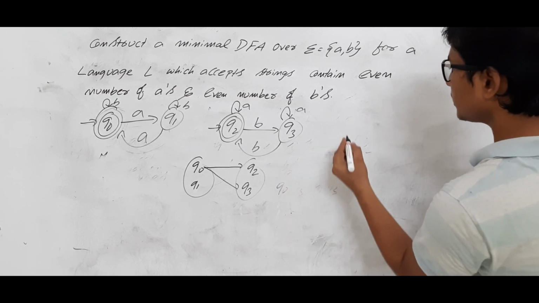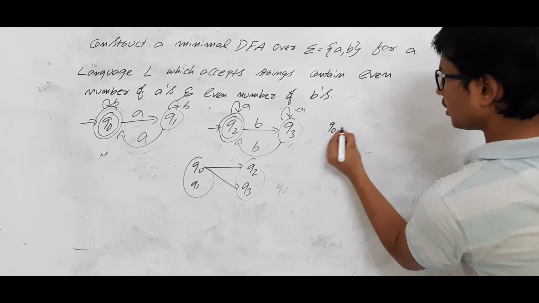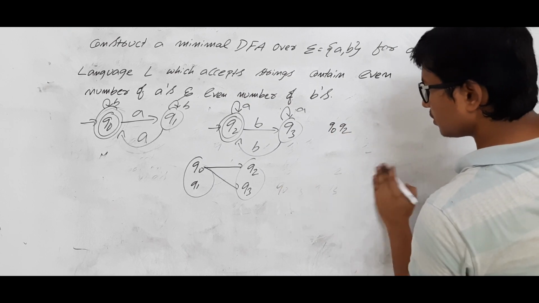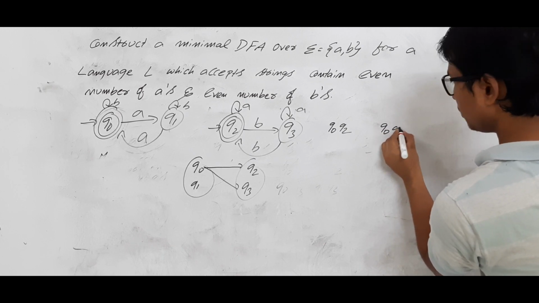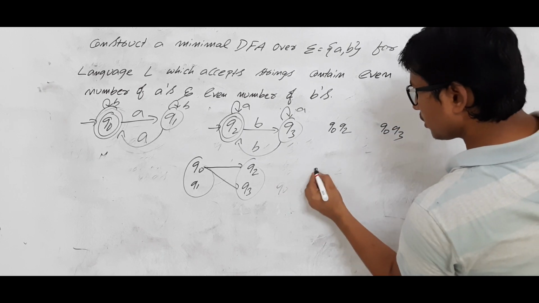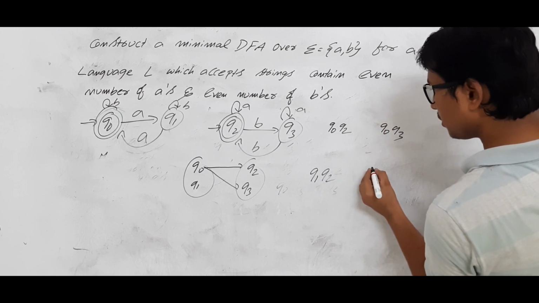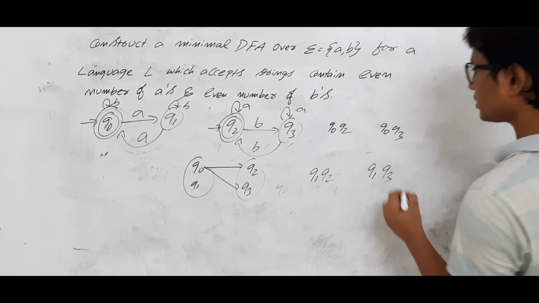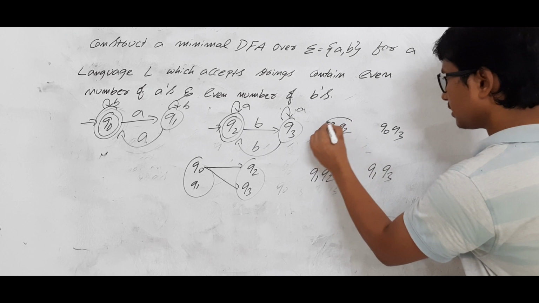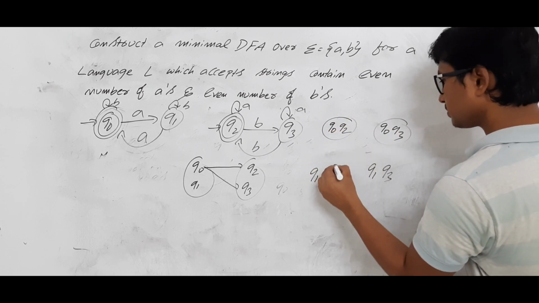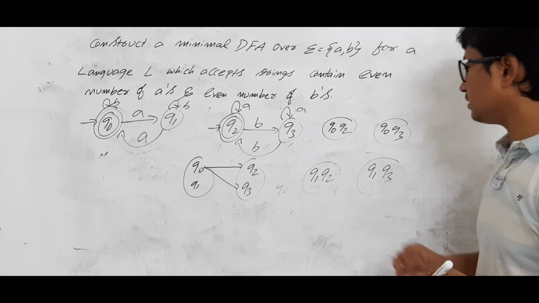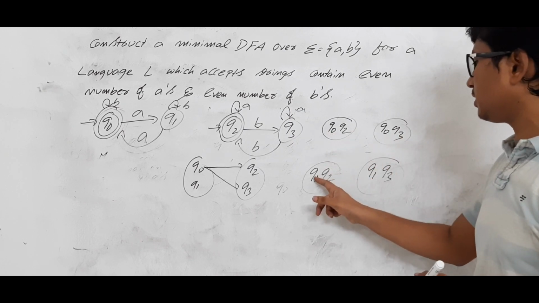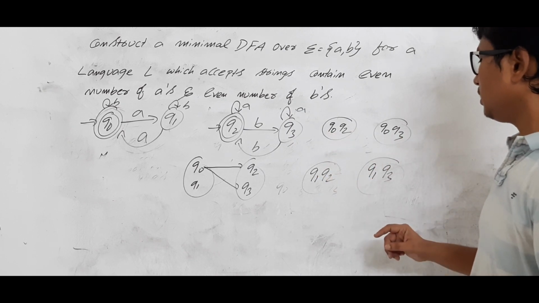Those 4 states are Q0Q2, Q0Q3, Q1Q2, Q1Q3. These are the 4 states you got. Let me draw them like this.